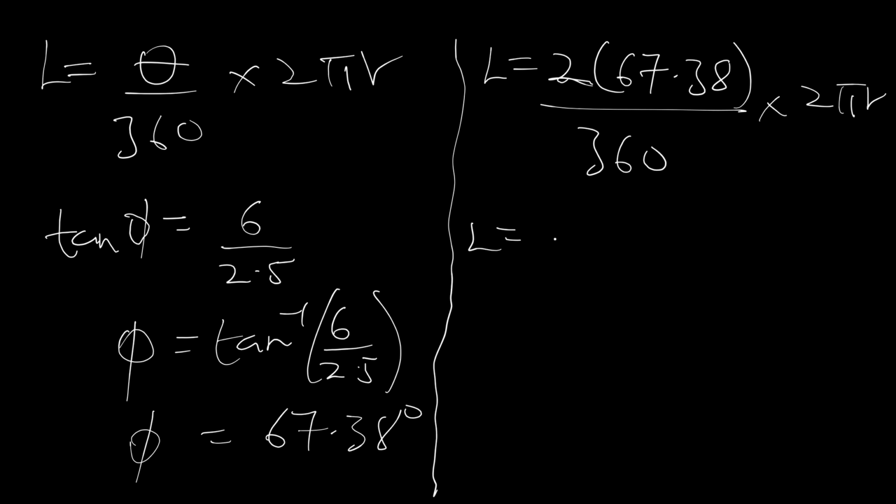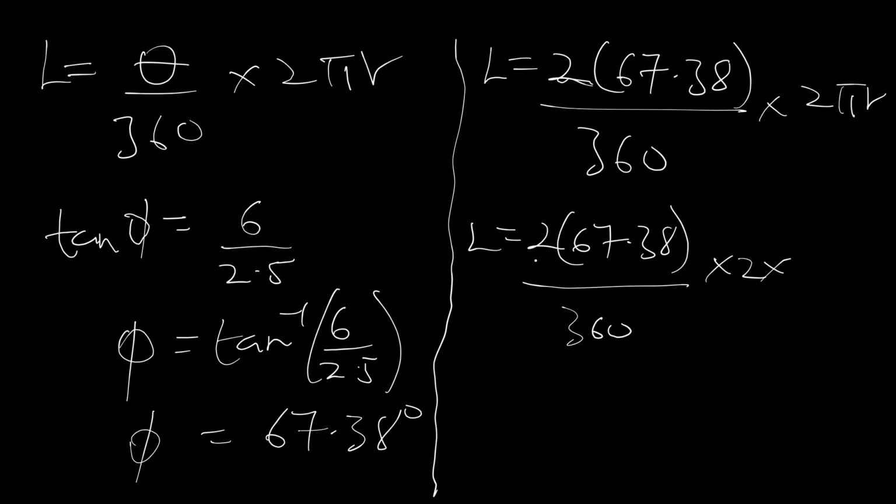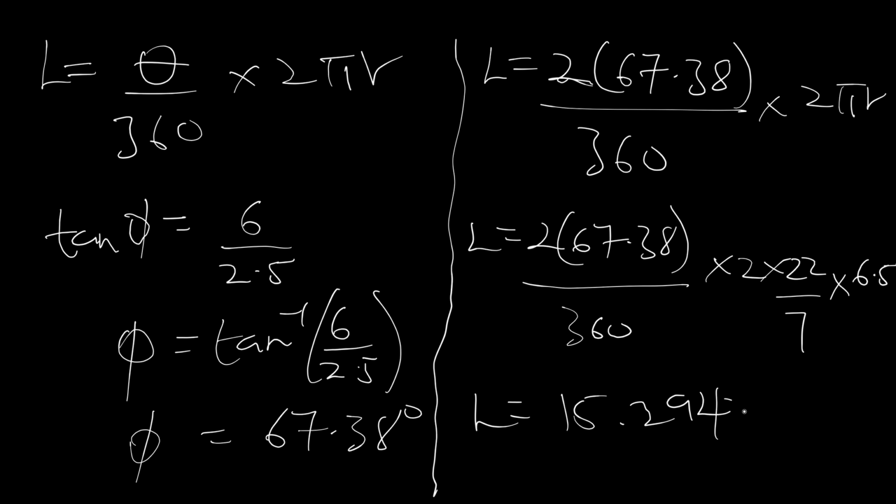So L becomes 2 multiplying 67.38 all over 360 times 2 times, we know pi is 22 over 7, so 22 over 7 times 6.5. Now when we do the calculation, our L should be equal to 15.2942 centimeters.